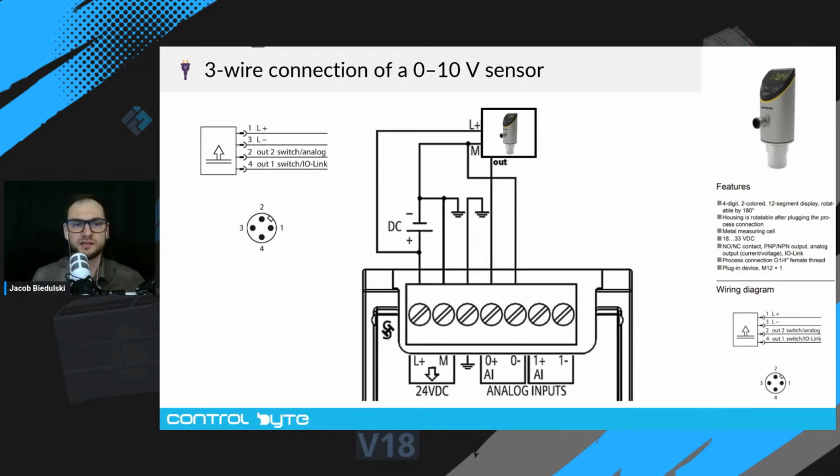So such a free wire sensor, the sensor with free wire connection, has 3 cables, 3 wires, okay? The first one, L plus, is... maybe I will switch on the drawing application. Wait a minute.